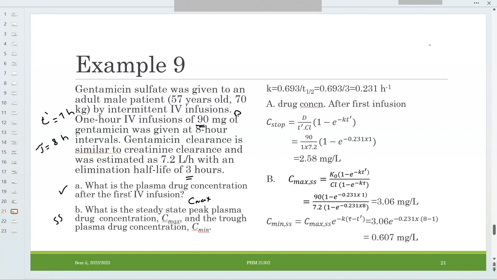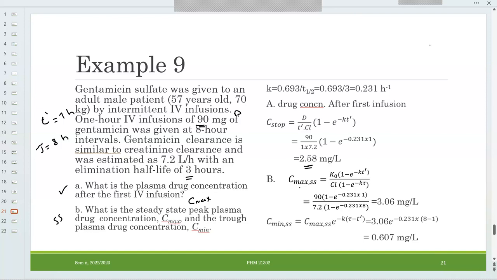They didn't give any time, which means after the infusion finished. So it means C stop, equal to dose or K0 divided by KVD times this fraction. We just substitute the values: 90 divided by 1 hour, T prime. Clearance, we can use instead of KVD directly, 7.2. And then we get 2.58 milligram per liter.